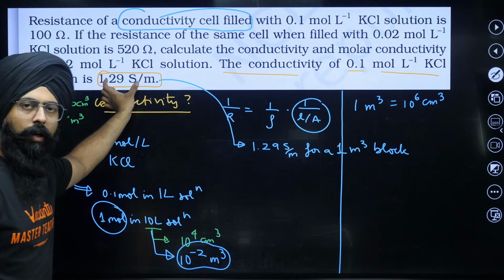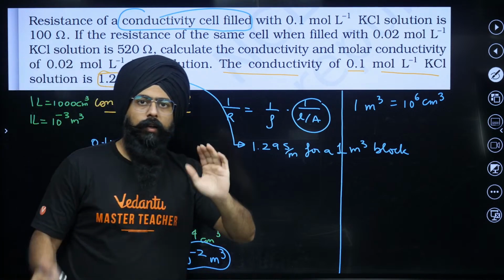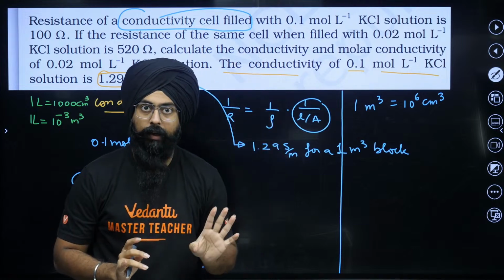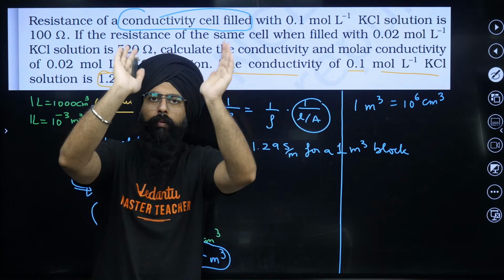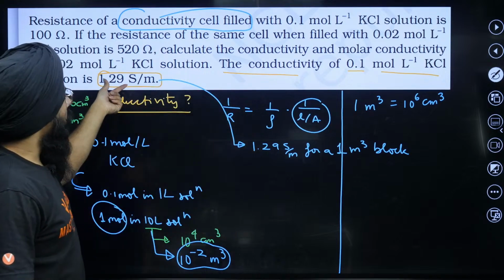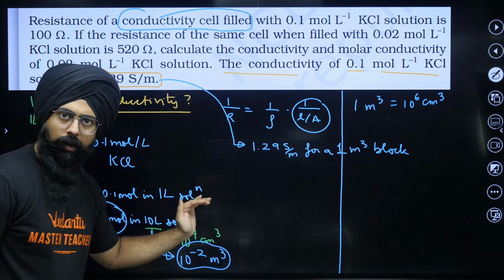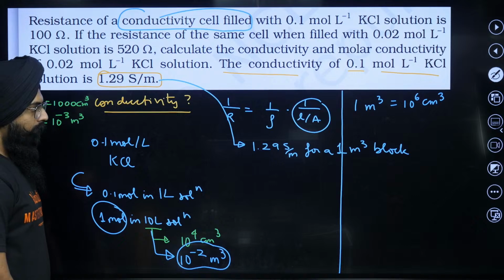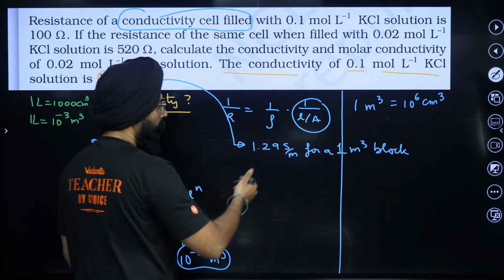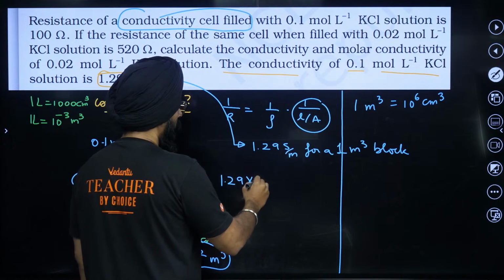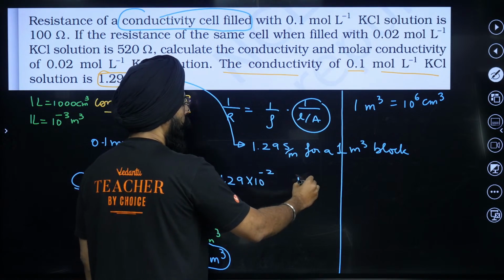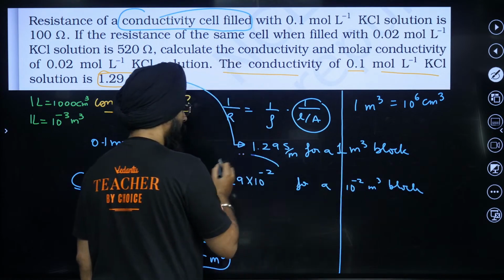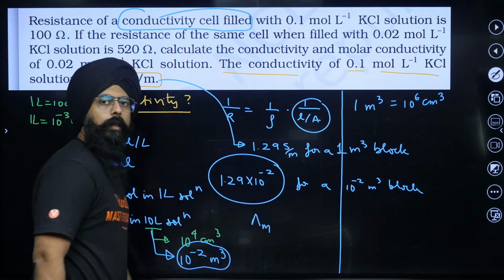So this value for conductivity that is given is the conductance for that small block that we had written for calculating conductivity. So when that block is 1 cubic meter, this is the conductance of the solution. But I want the conductance of the solution when the block is 10 to the power minus 2 cubic meters. So let's multiply with 10 to the power minus 2 on both sides. 1.29 into 10 to the power minus 2 for a 10 to the power minus 2 cubic meter block. So this is the value of molar conductivity.